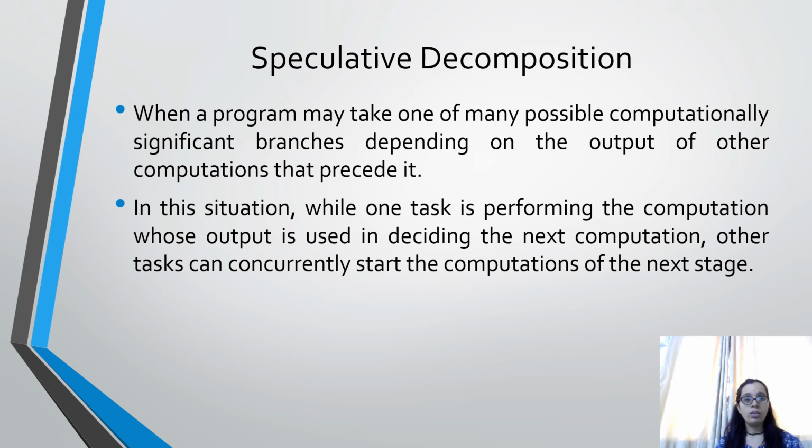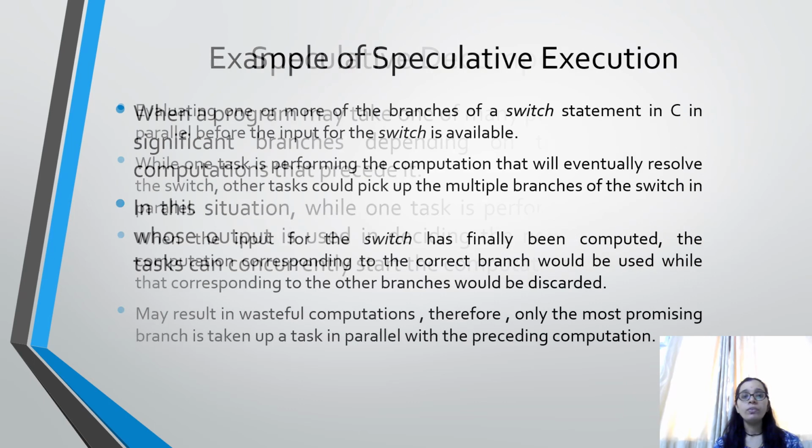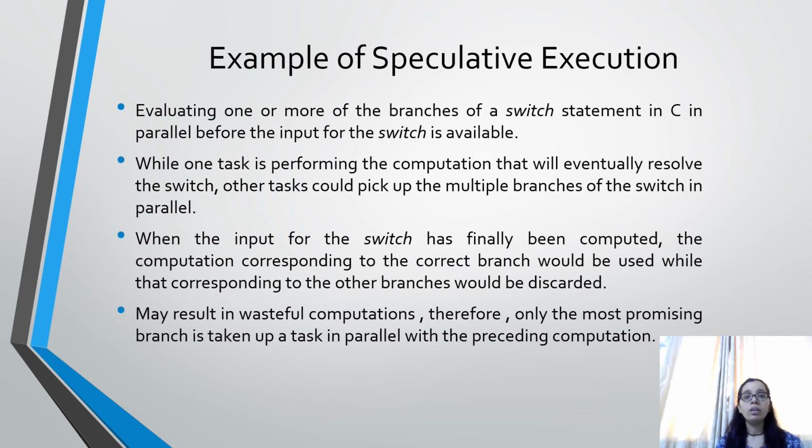In this situation, while one task is performing the computation whose output is used in deciding the next computation, other tasks can concurrently start the computation of the next stage. So let us see the speculative execution.